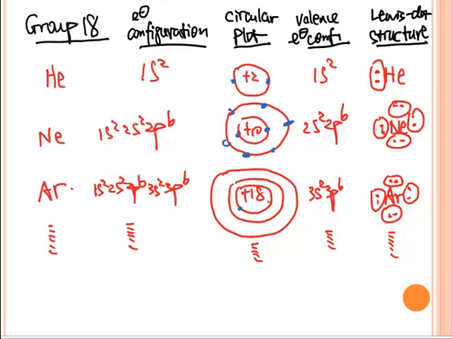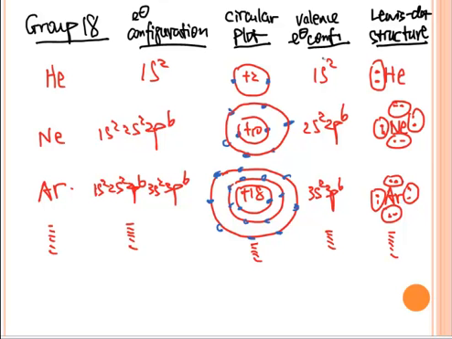Argon has 2 here, 8 here, and 8 on the outside. The valence shell electron configuration is 1s2, 2s2 2p6, 3s2 3p6, and for Lewis dot structure, helium is 2 dots, neon is 4 pairs of dots, and argon is 4 pairs of dots.